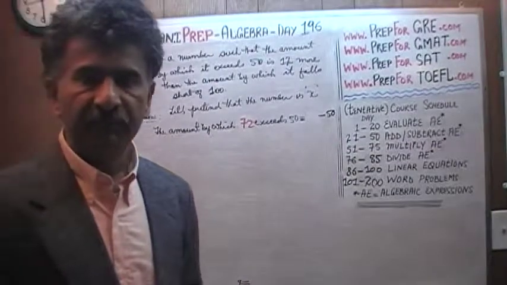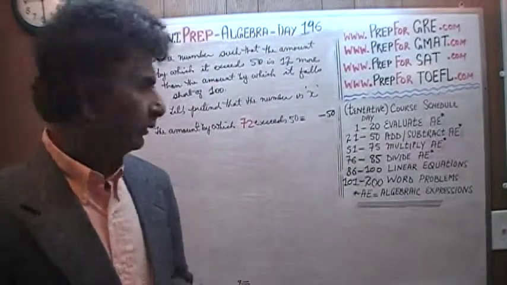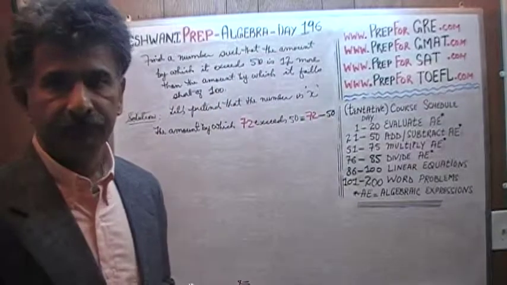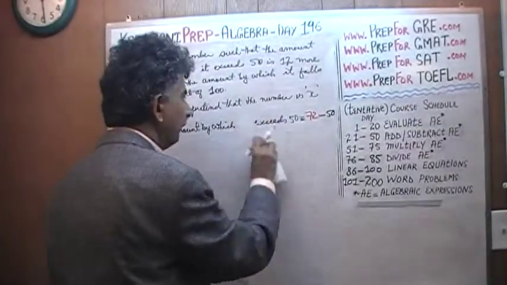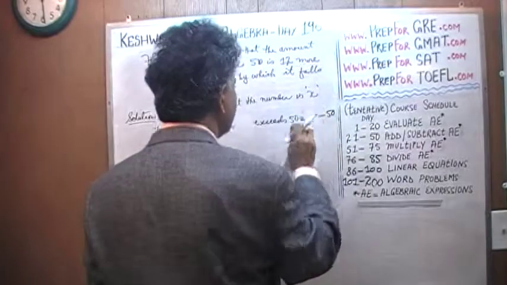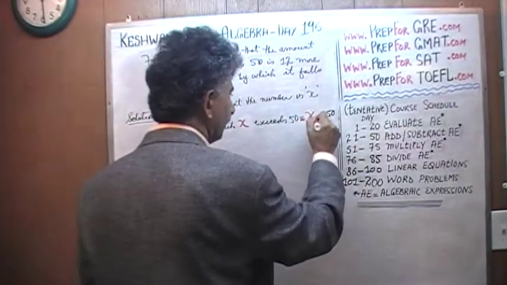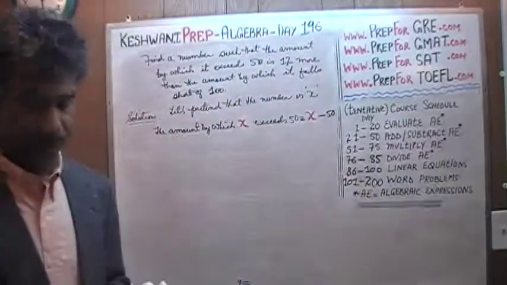Seventy-two exceeds 50 by 22, or 72 minus 50. You get the idea. The amount by which x exceeds 50 is whatever the x is minus the 50.